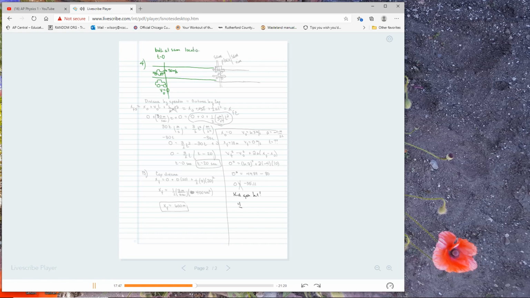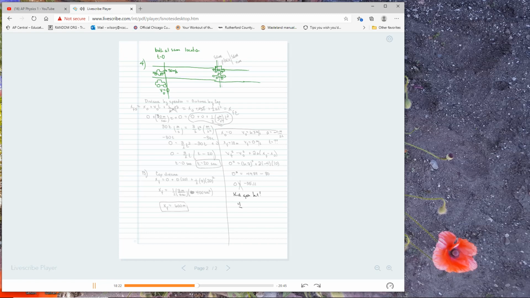So, what does it mean for the cop car to catch up to the speeder? What does that really mean? We need to be at the same place at the same time. Which means over here somewhere, I should see the cop car beside the speeder car.